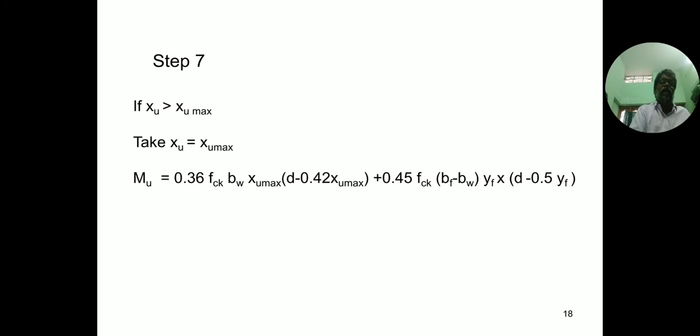That is the same formula, with the XU max value taken: Mu is equal to 0.36 FCK BW XU max (small d minus 0.42 XU max) plus 0.45 FCK (BF minus BW) into YF into (small d minus 0.5 into YF).